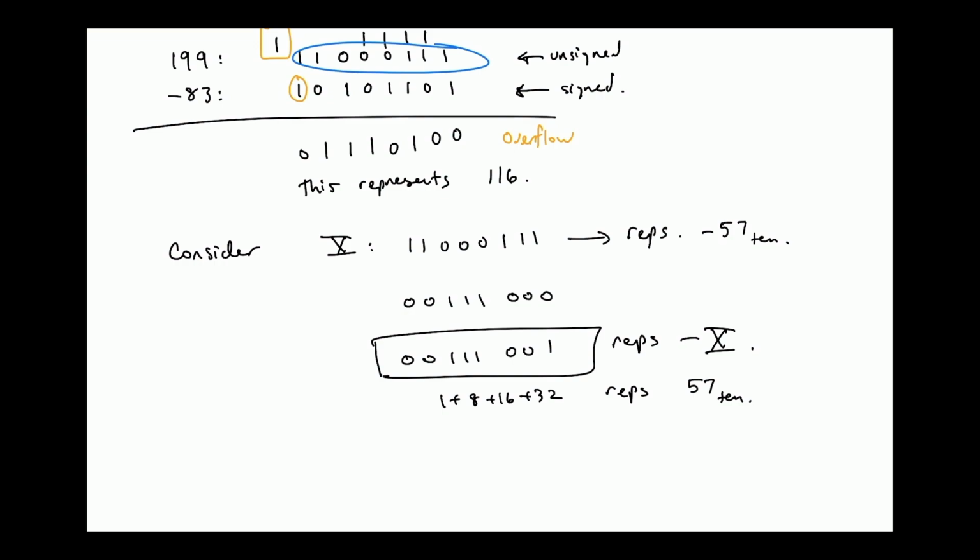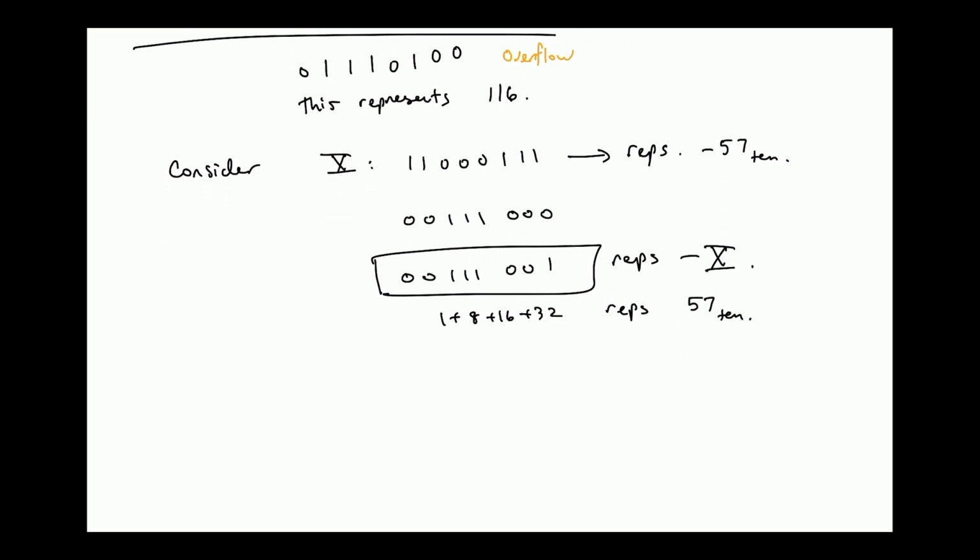Okay. So the lesson from this is if we have 8 bits, we have two choices. We can do a signed version or an unsigned version. A uint, we can represent a total of 256 things, 0 up through 255.